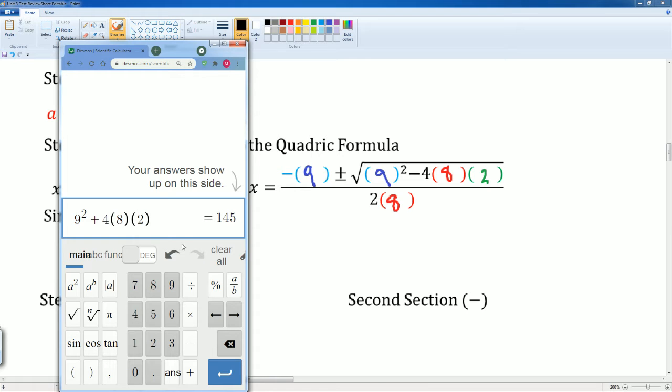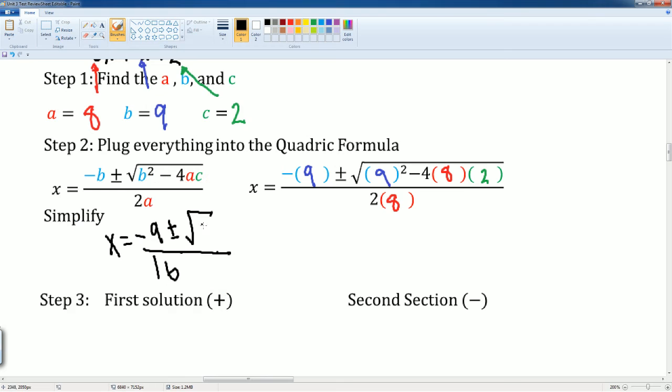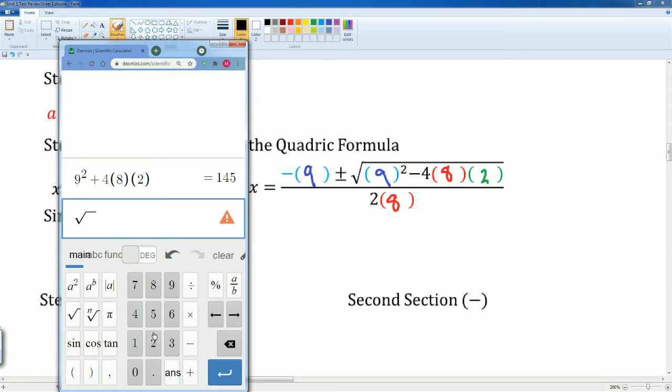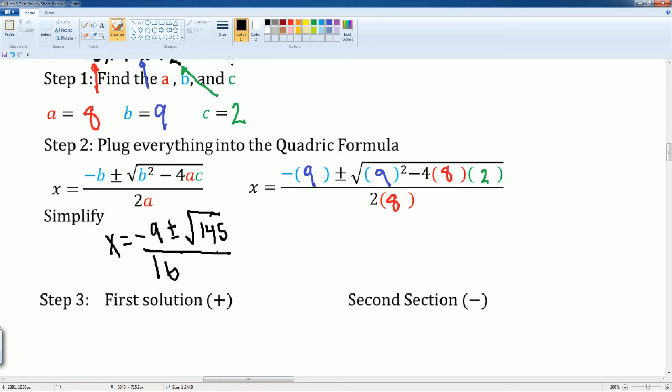That gets you 145. So you can write this as the square root of 145. Can the square root of 145 be broken down easily? No, it cannot be broken down easily. All right, so that's what you leave it as.